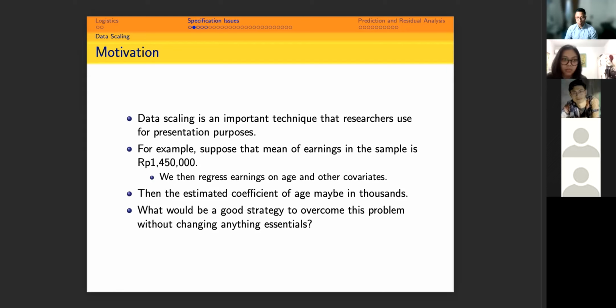What we'd like to do is identify a strategy so that we can better present the estimated coefficient without changing anything essential. That's the goal of data scaling. It's not super complicated. It's quite straightforward, and the consequences are traceable.